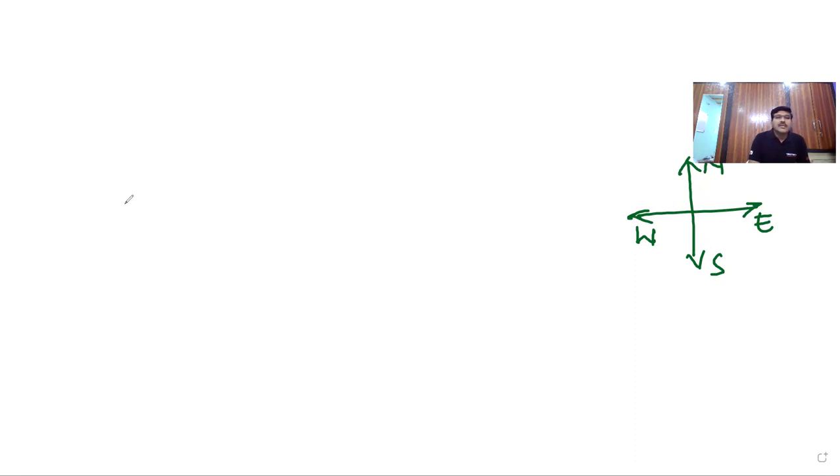Now, what it says, a man, initially, let us say, is present at A, walks towards east. East is this direction. How many meters? 2 meters he walks. Let's say B. And initially at A, walks towards east in this direction up to B, 2 meters.